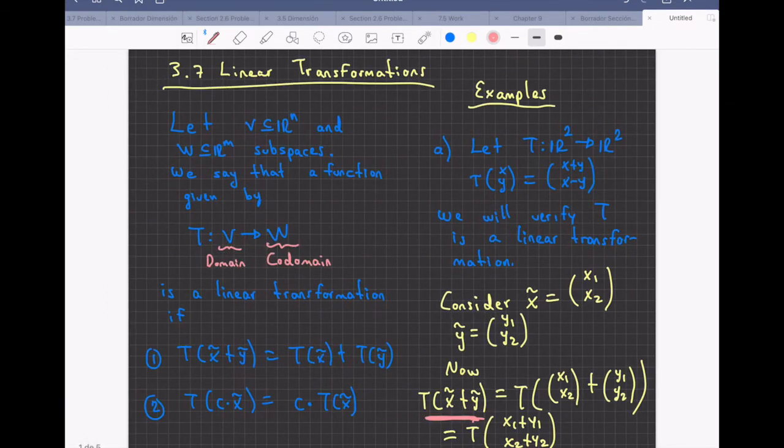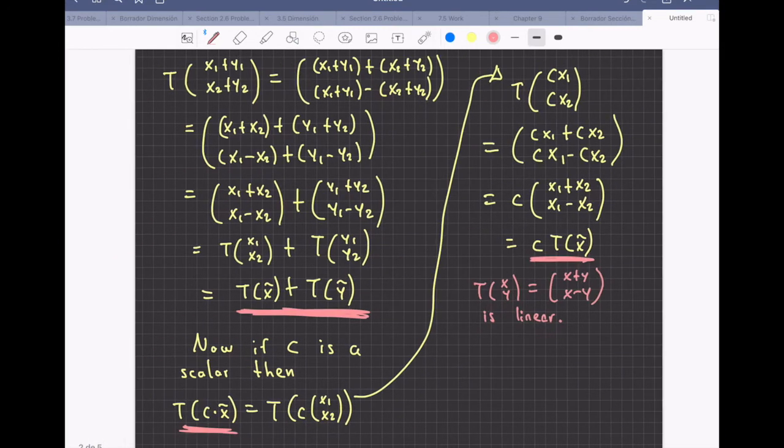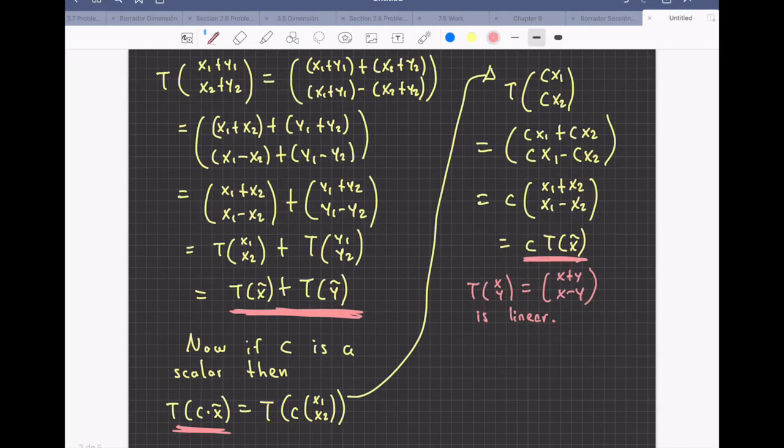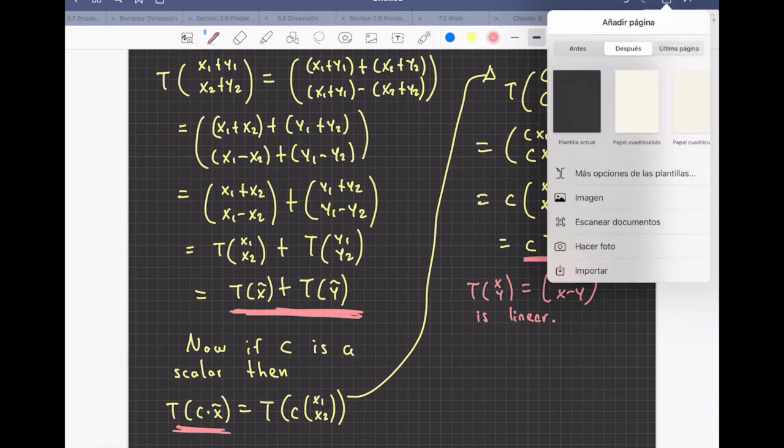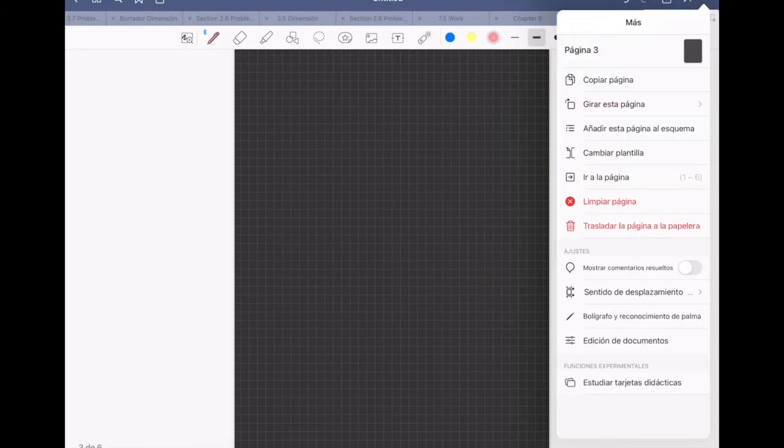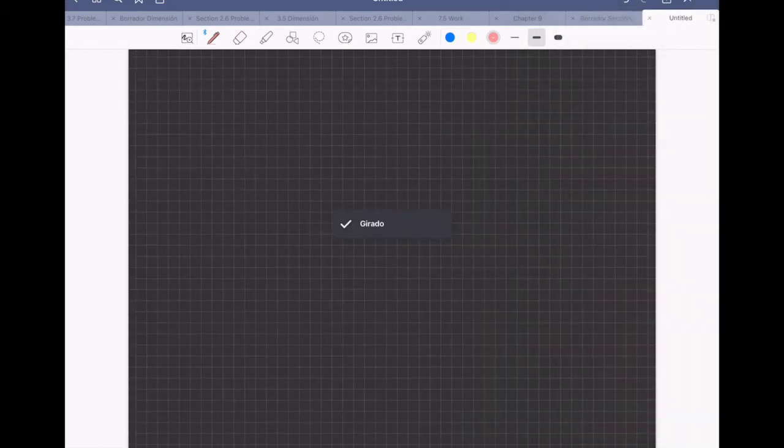Other example. This is the first one. Other example, let me add a new page. Part B.